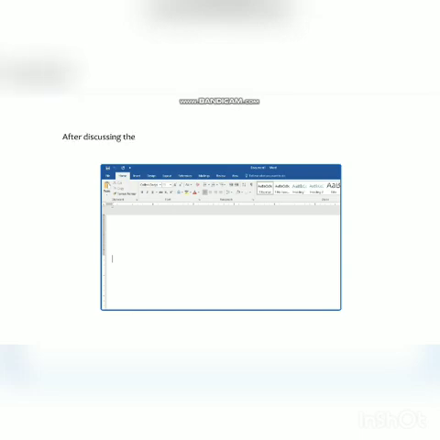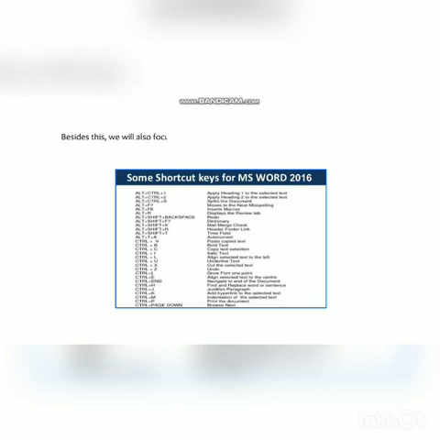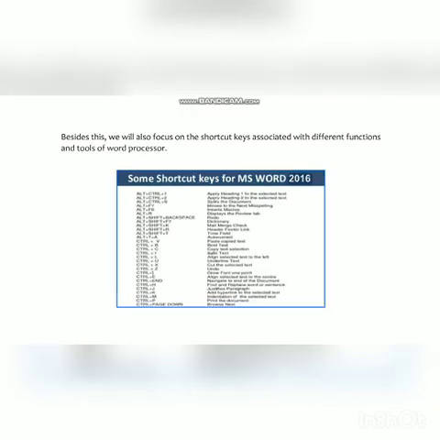After discussing the basic features of a word processor, let us enhance our knowledge about its other features in this chapter. Besides this, we will also focus on the shortcut keys associated with different functions and tools of word processor.